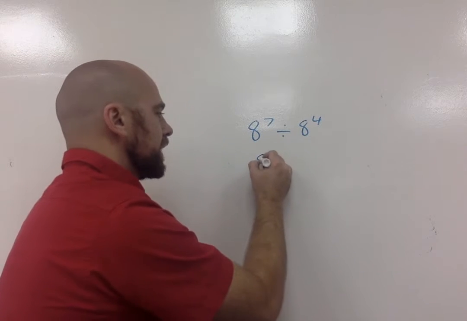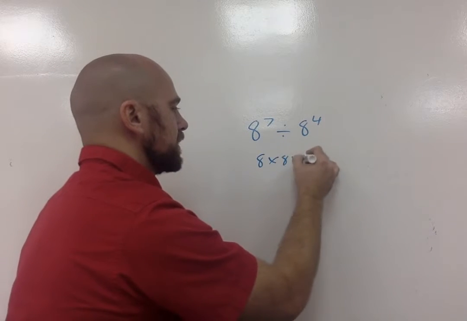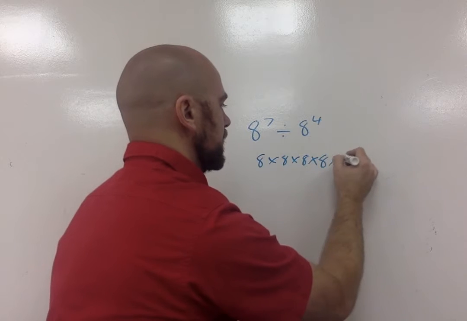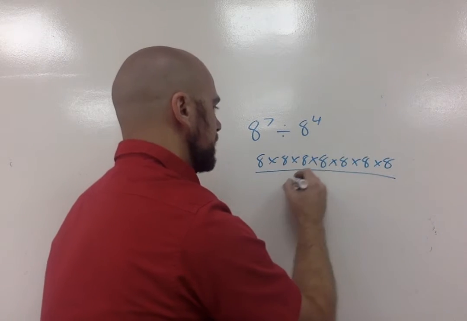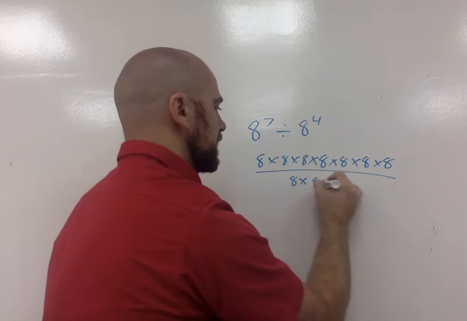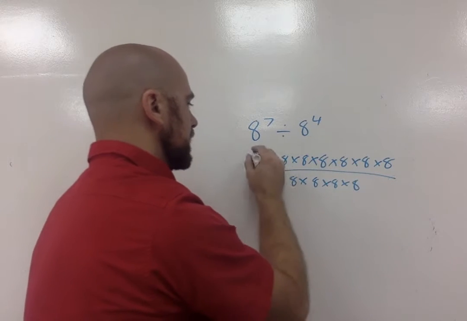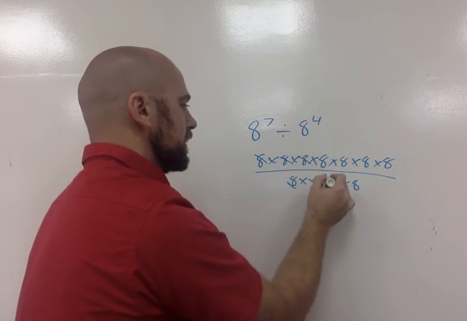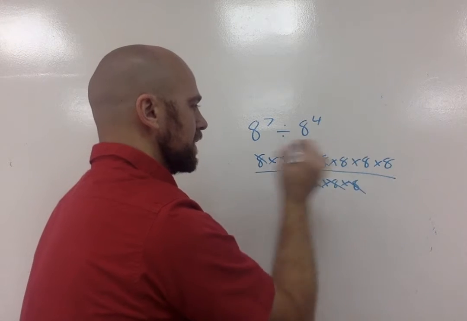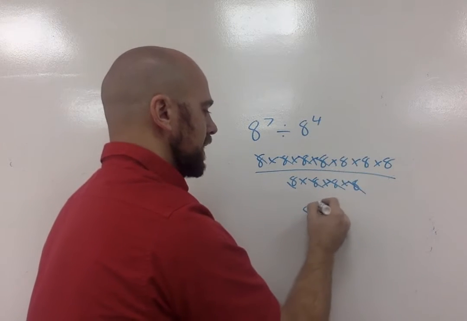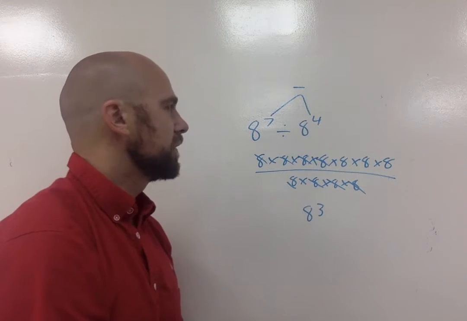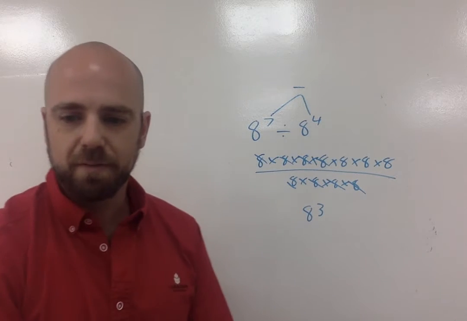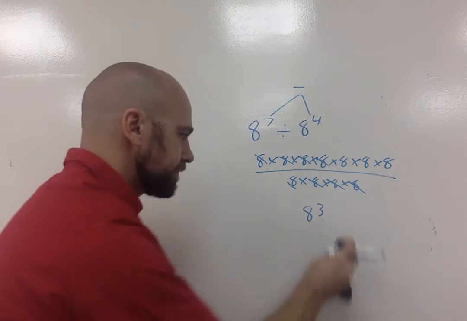So you're going to get 8 times 8 times 8 times 8 times 8 times 8 times 8 divided by 8 times 8 times 8 times 8. So then I can cross some of these off, and I'm left with 8 to the power of 3. Well, 7 minus 4 gives me 3. So that makes sense.